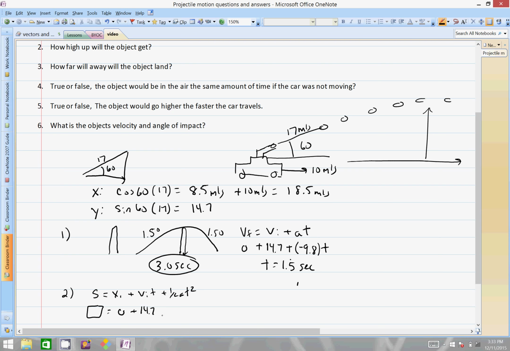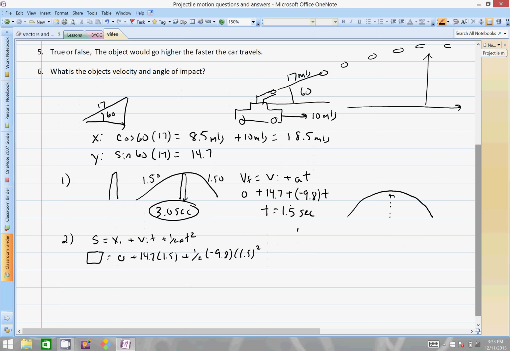I'm only going to include the 1.5 times because that is the time at its max height in this case right here. So at this point, okay, we got plus 1/2 and the negative 9.8 times the 1.5 squared.